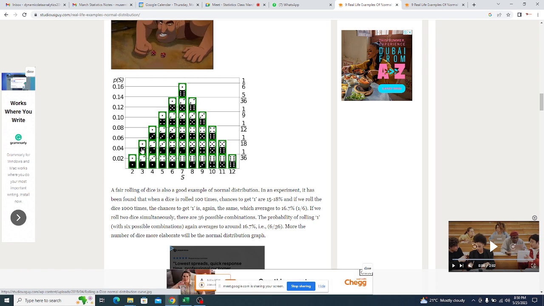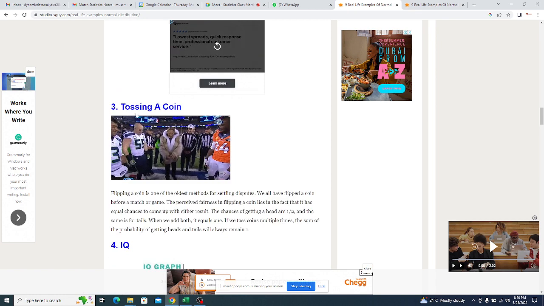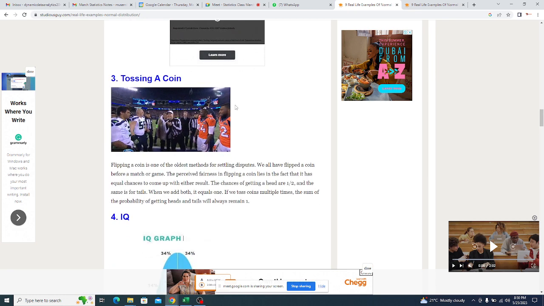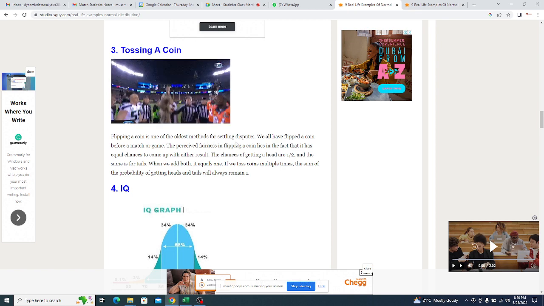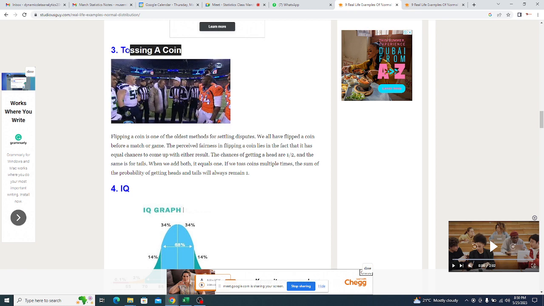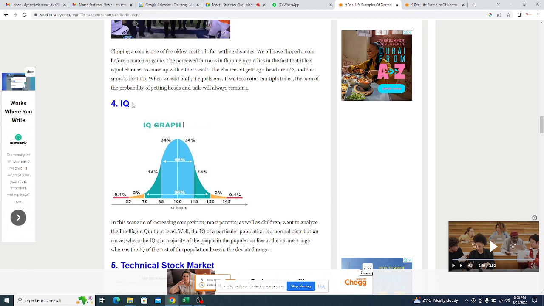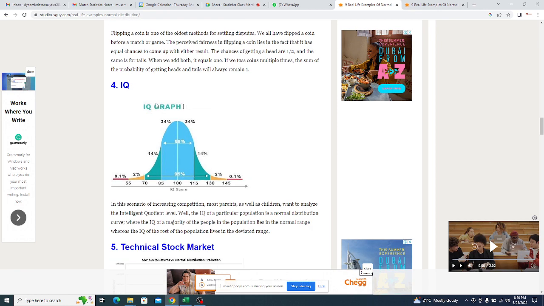Also the probability of tossing maybe three times, four times, up to maybe 12 times. Then we have a tossing of a coin, but I can't use that as a good example of a normal distribution.